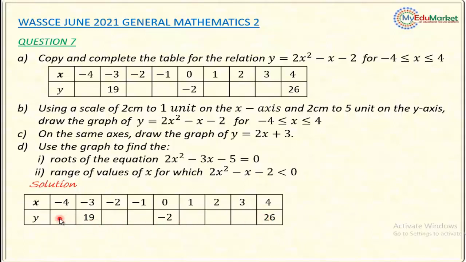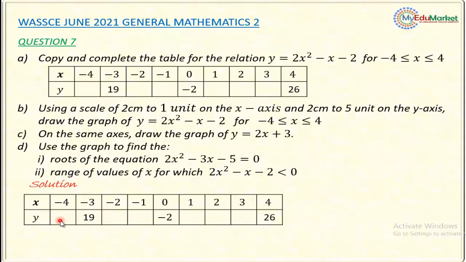Completing it means where the spaces are empty, I should find the appropriate values there. The value of y here is missing, I am to find it. The value of y here is given, here is missing, here is also missing. So where I don't have values of y, I should find the appropriate values for y.